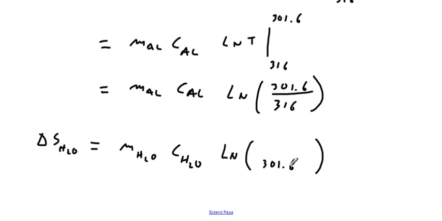And the one that goes on the top is going to be 28.6 plus 273, 301.6 goes on top.